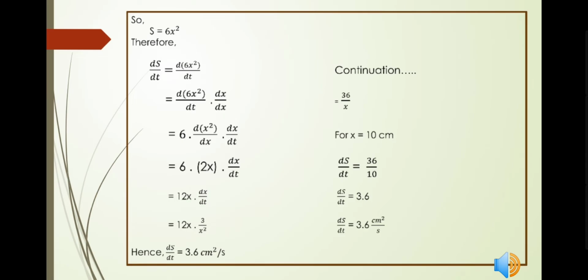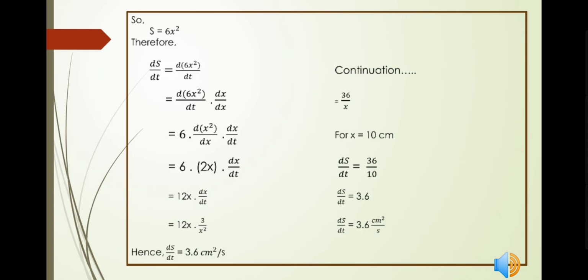So next, d of 6x squared over dx times dx over dt. Then let's put the 6 outside. So 6 times d of x squared over dx times dx over dt. So let's do the differentiation. We can now have 6 times 2x times dx over dt, then 12x times dx over dt. We can now have 12x times 3 over x squared.